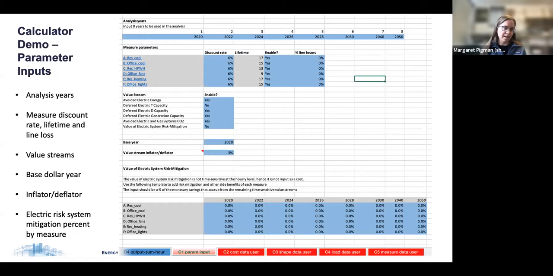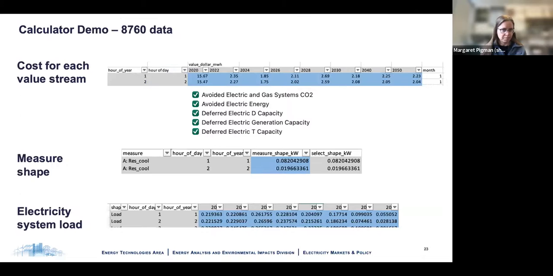You can choose the dollar year for the results and the inflator or deflator to change the dollar basis. And then at the bottom is the electric risk system mitigation, and it's an annual % multiplier on top of the hourly value from all the other value streams. Next slide, please.